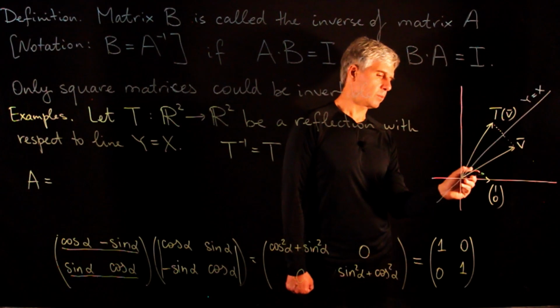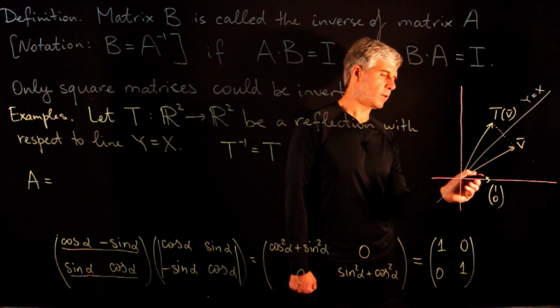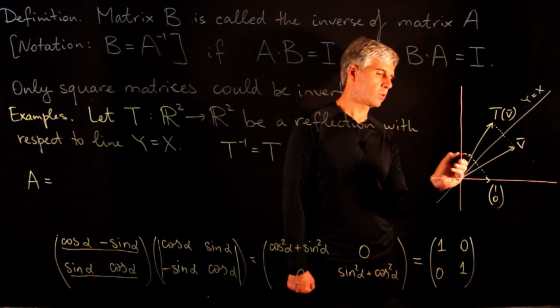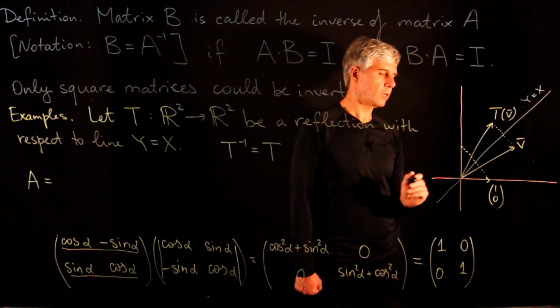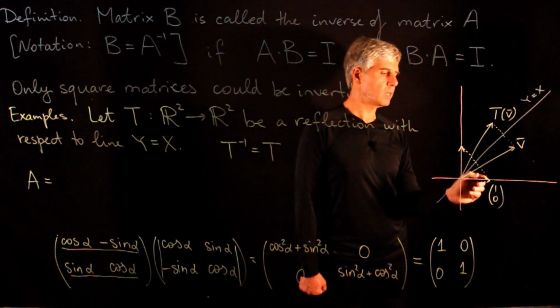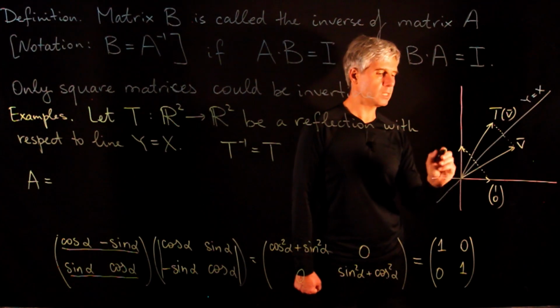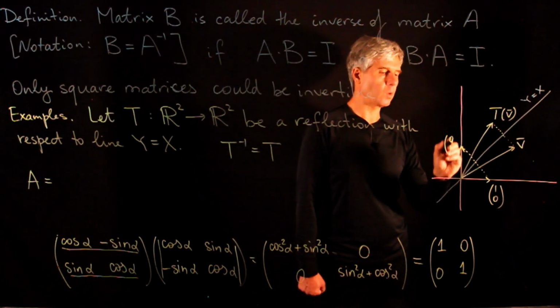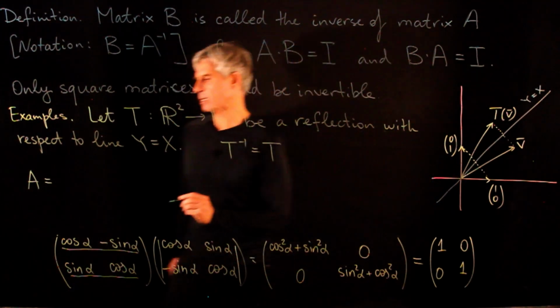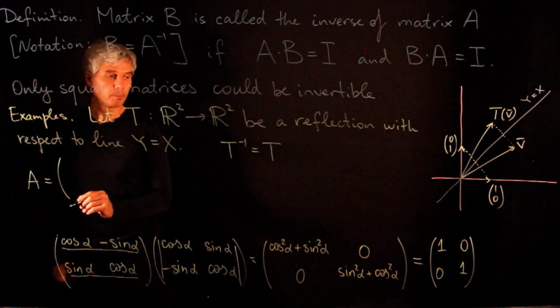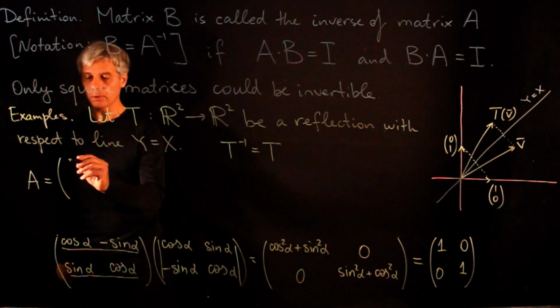We need to reflect it with respect to this mirror, and we see that the mirror image of the vector 1, 0 is the vector 0, 1. So this tells us that the first column of this matrix is 0, 1.